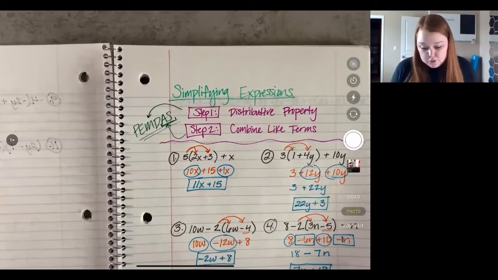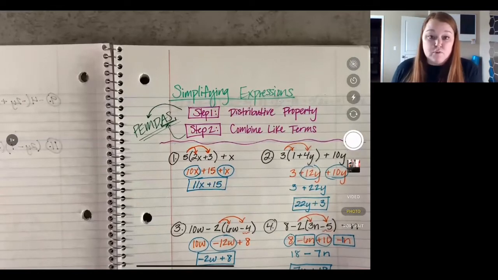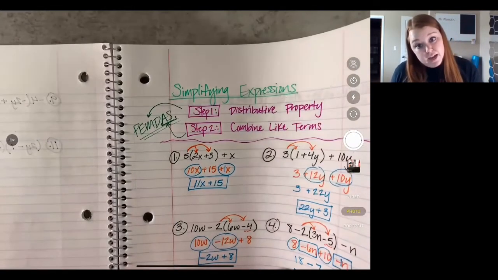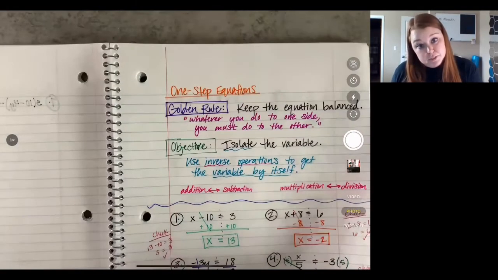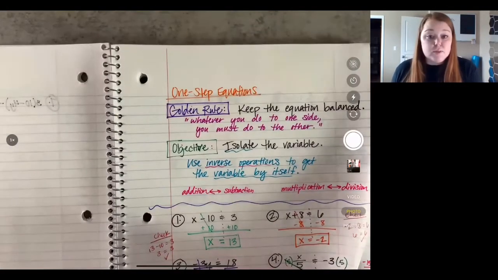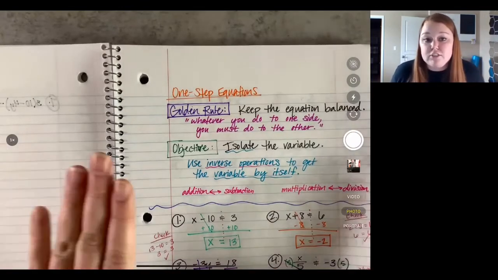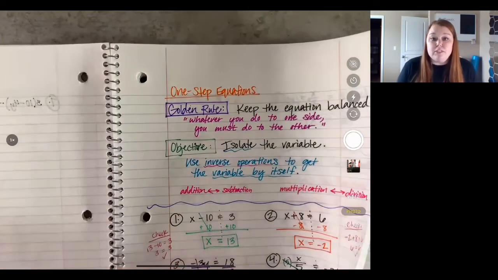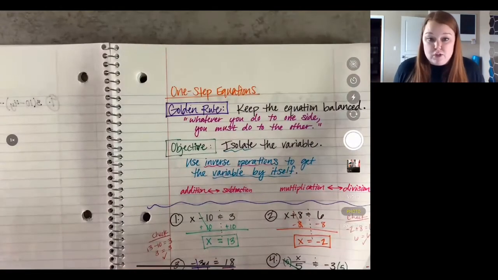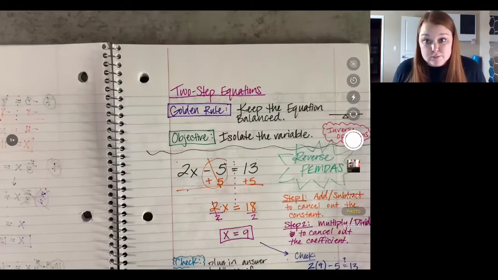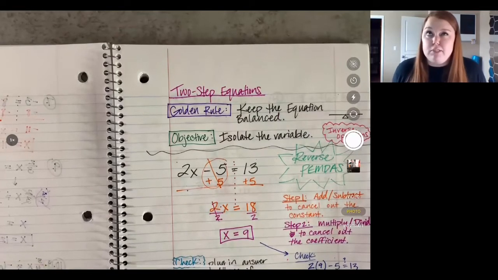We're still doing equations. We've gone over one-step equations. Sorry, there's a little bit of a lag right now. Let's get up to speed, computer. One-step equations, we've done two-step equations. So today we are moving on to multi-step equations. Multi-step means basically more than two steps, okay?